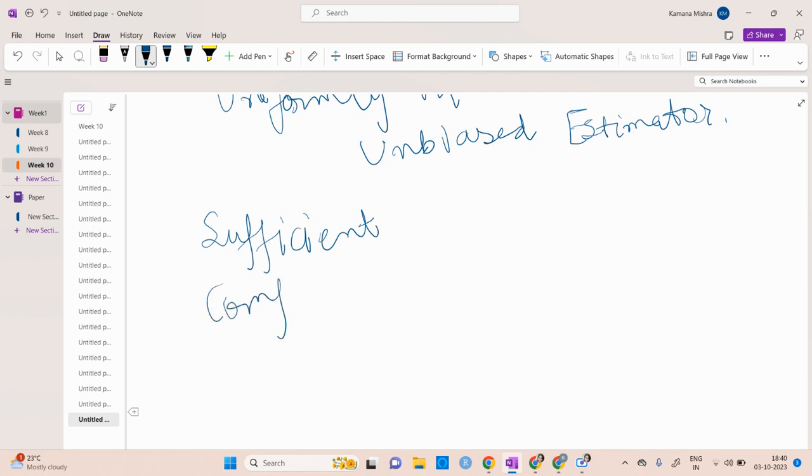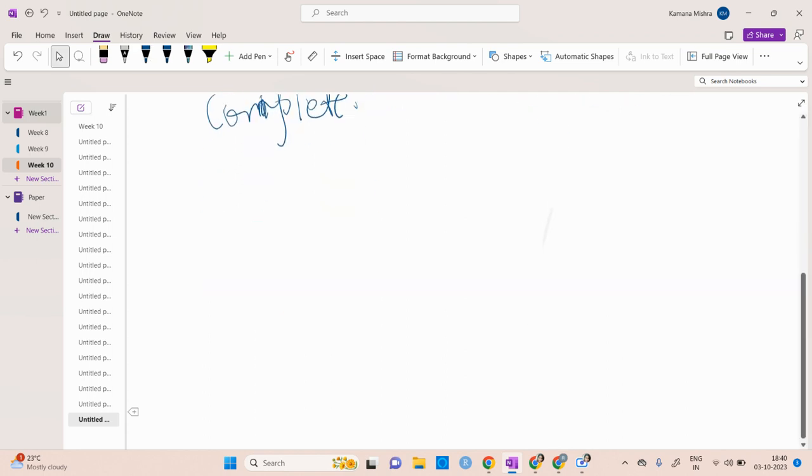These are nothing but characteristics which an estimator either satisfies or does not, and on the basis of that we say what is a good estimator for our data, right? So if one estimator is just unbiased and the second estimator is unbiased and consistent also, then we take the second estimator, of course.